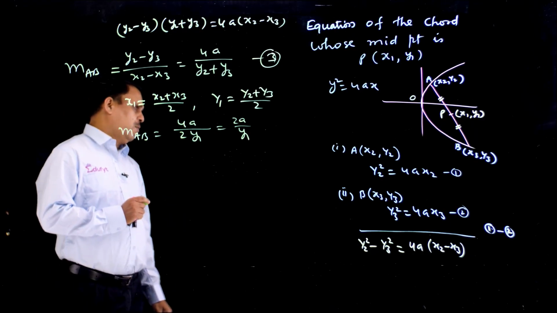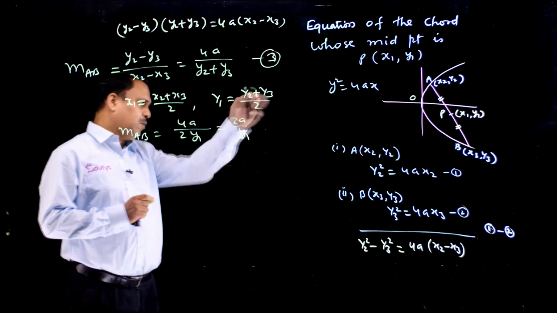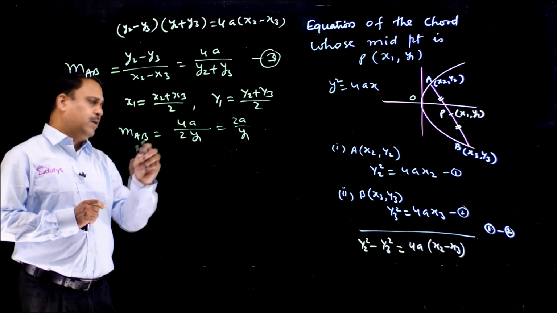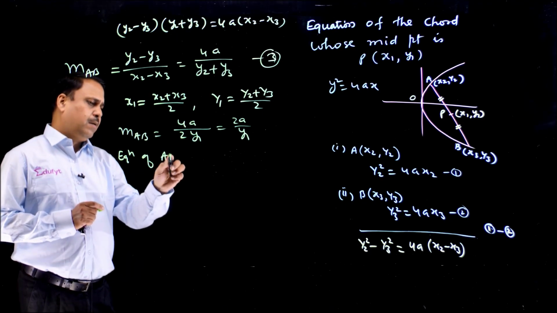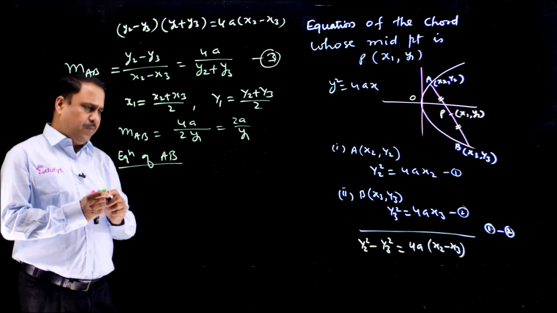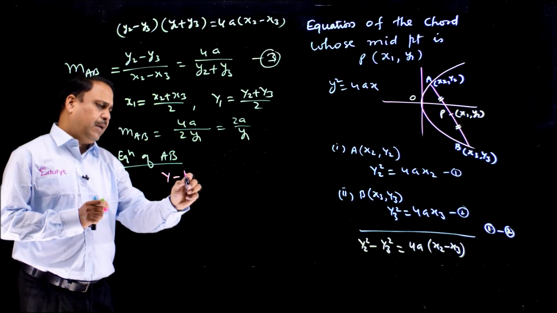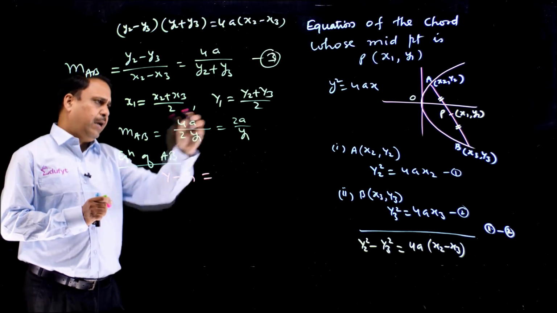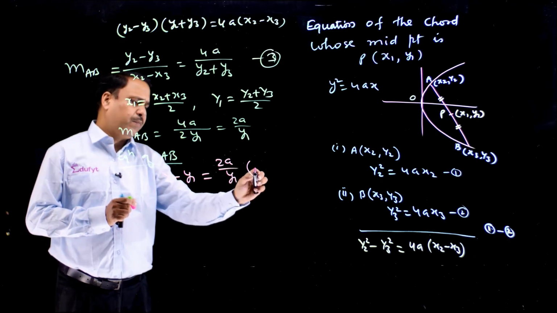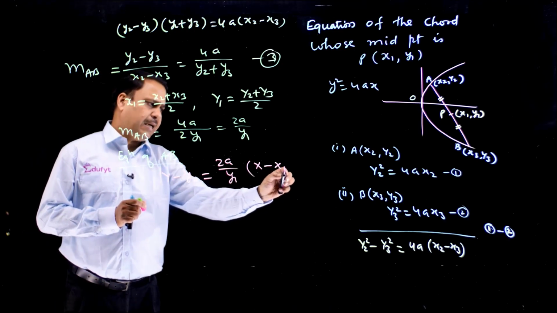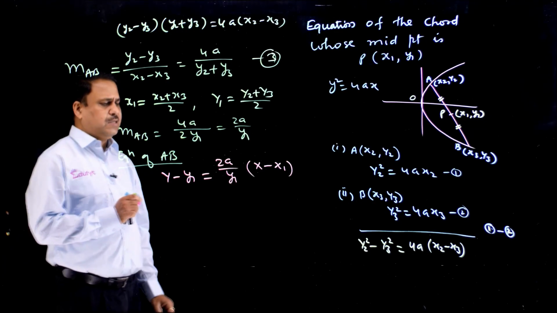Now I know the slope, I know the point, so I can easily calculate the equation of line AB. So the equation of line AB will be given by y minus y1 is equal to m, that is 2a upon y1, into (x minus x1). This is the equation of this line.